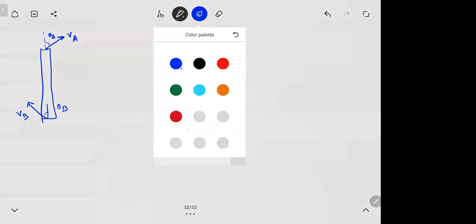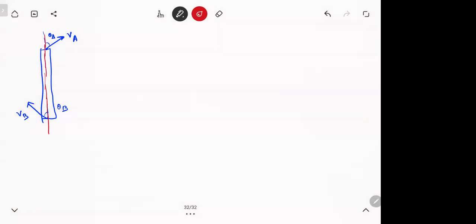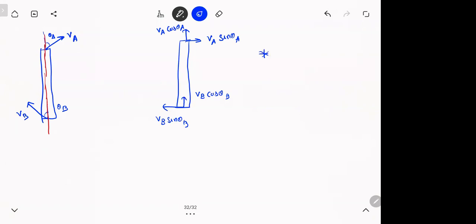Now if you take this line, the red line, and divide the velocities into components, you'll get VA sin theta A, VA cos theta A, this is VB cos theta B, and this is VB sin theta B. Now this is important: VA cos theta A should be equal to VB cos theta B. That is, the velocity along the line joining the 2 points should be the same.